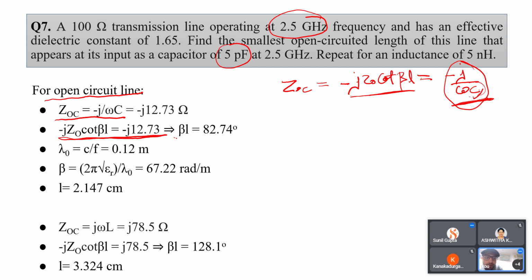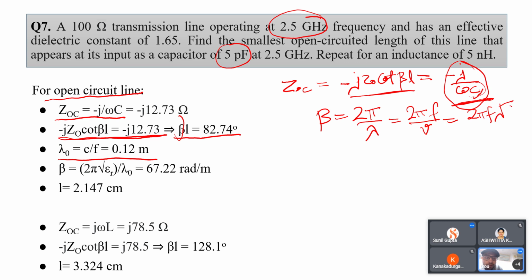From there I can get the value of beta L, and beta, as we know, can be calculated by using the equation 2 pi by lambda. So see here, lambda is basically defined as v by f, and this v is basically given as 2 pi f root epsilon r by c.